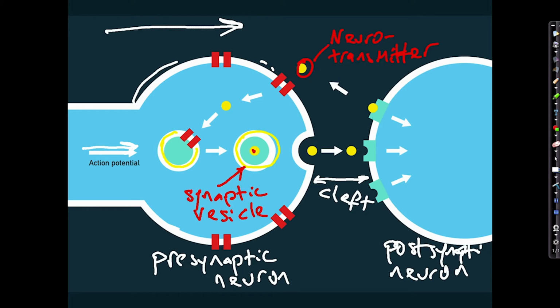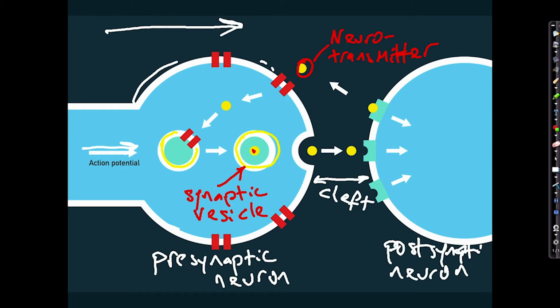In reality, there might be up to about 300 synaptic vesicles in a single bouton, and each vesicle may contain up to about 10,000 neurotransmitter molecules, but in this simplified diagram I've shown only one to keep things completely clear.